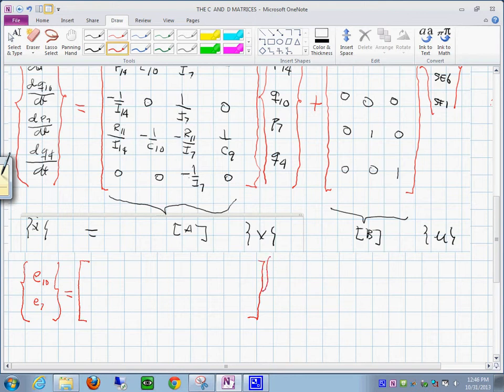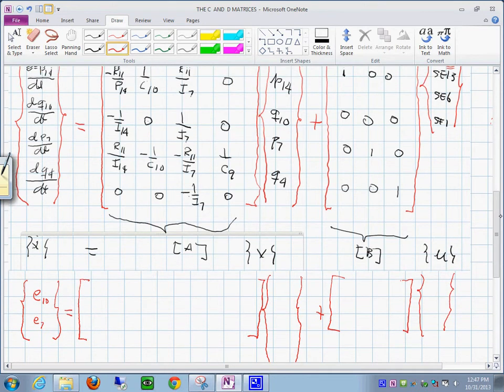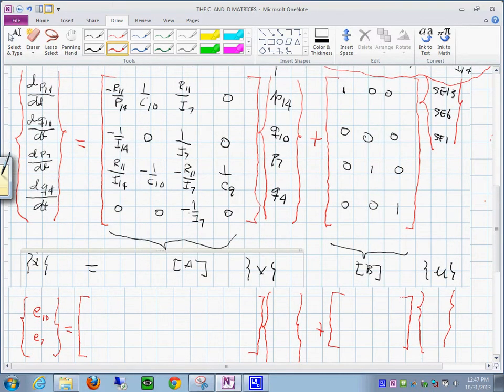This is going to be the same state vector, like this, and then plus there's going to be another matrix like this, and it's going to have the vector of the inputs in here. So I'll be consistent with the same order of these state variables and the same order of the inputs. So I am going to write it down in here.